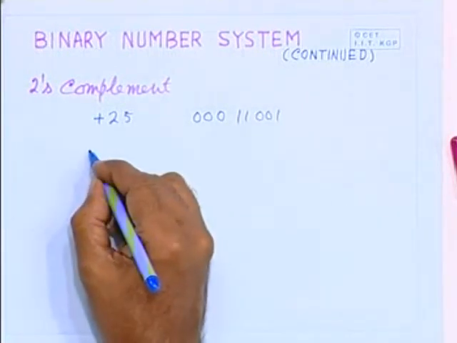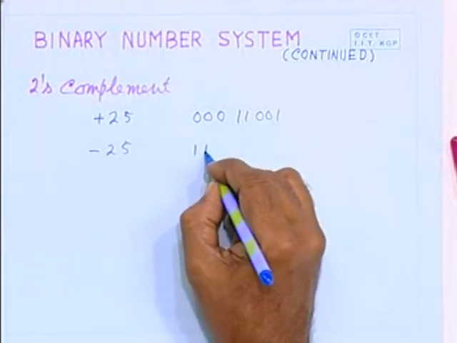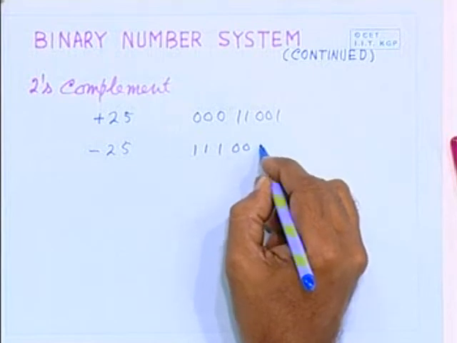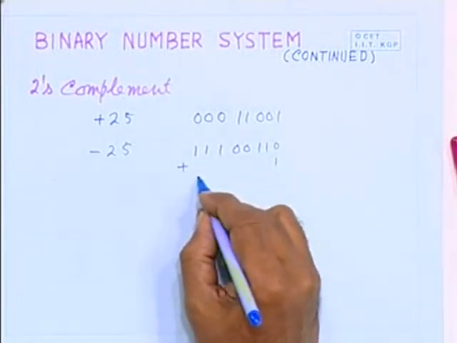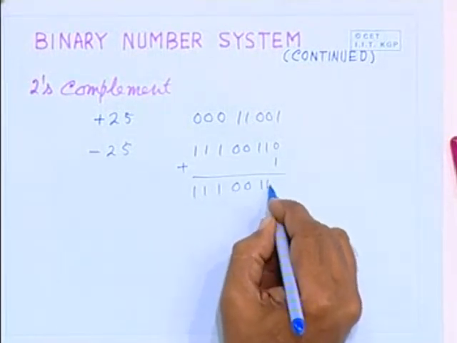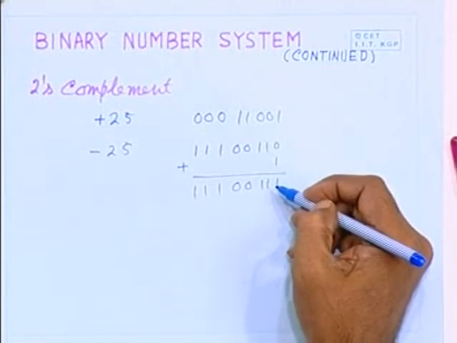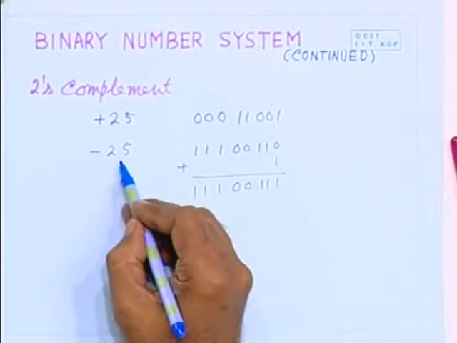However, minus 25 is obtained by bit complementation and then adding 1 to it. So we get 1, 1, 1, 0, 0, 1, 1, 1. That's how you can get the 2's complement representation of minus 25.